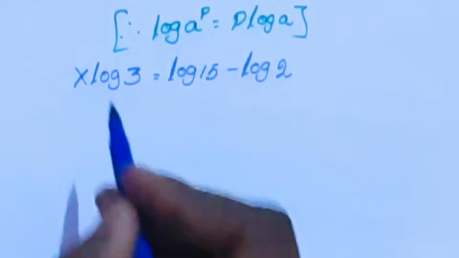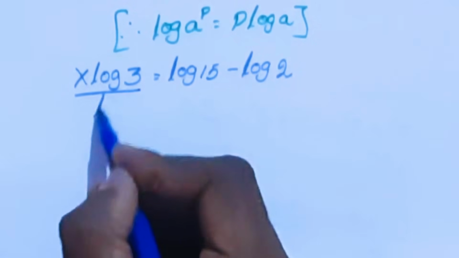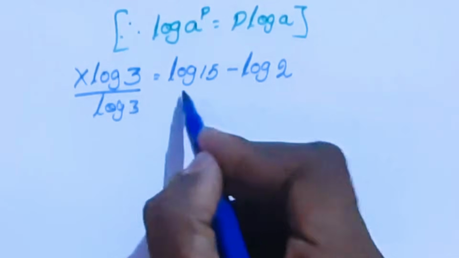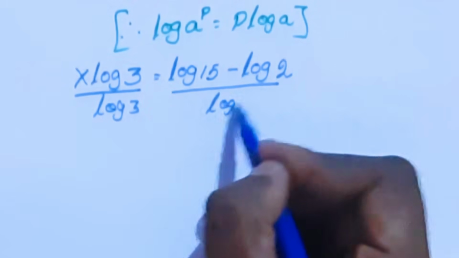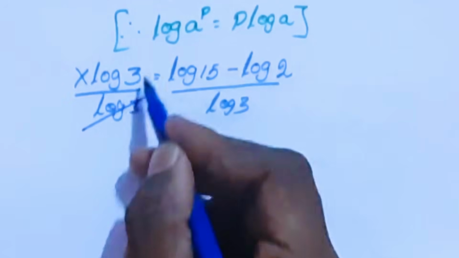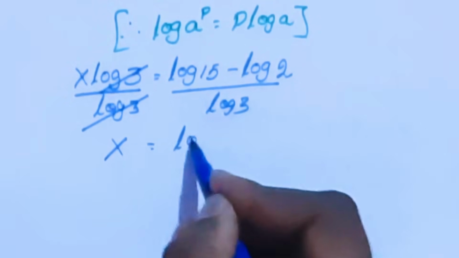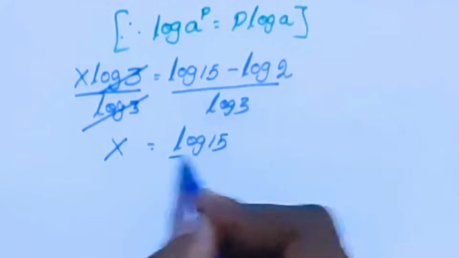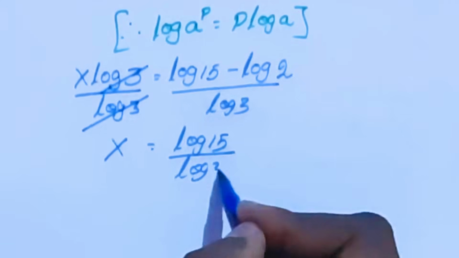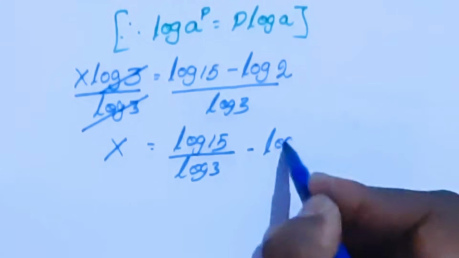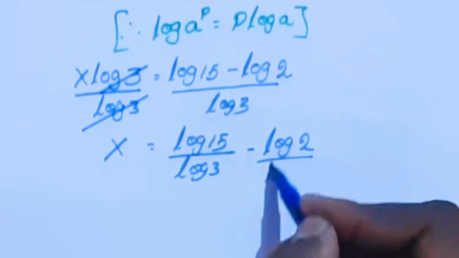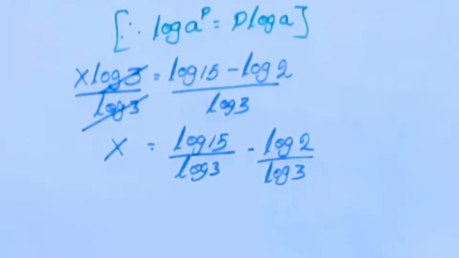Now divide log 3 on both sides. Log 3 here, log 3. Now this log 3 cancels this. So we have x equal to log 15 by log 3 minus log 2 by log 3.